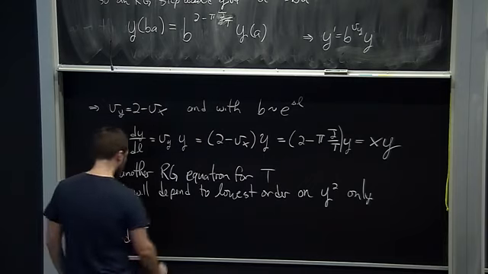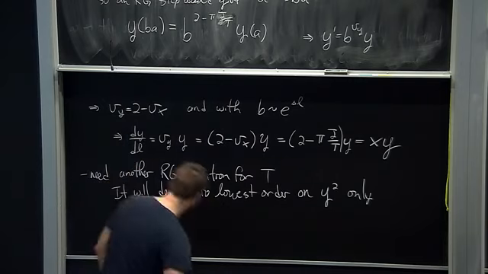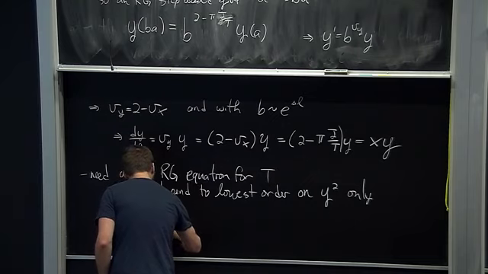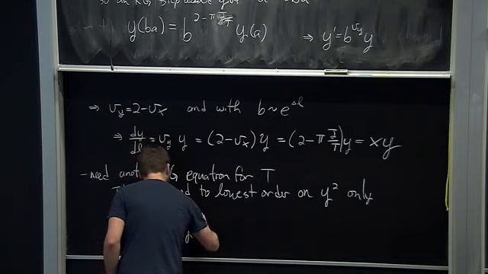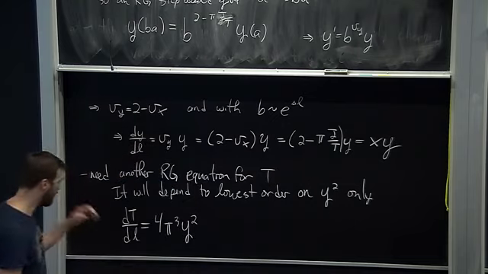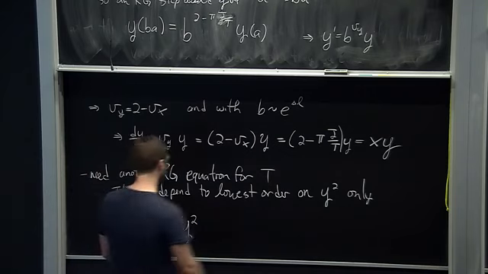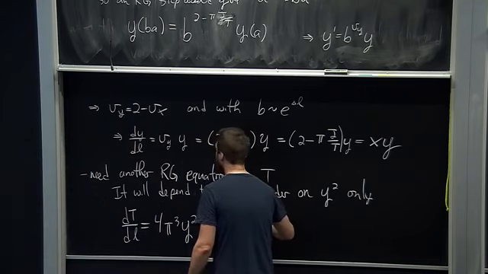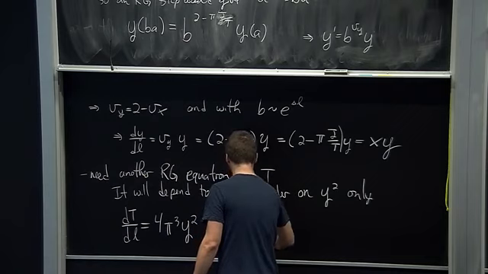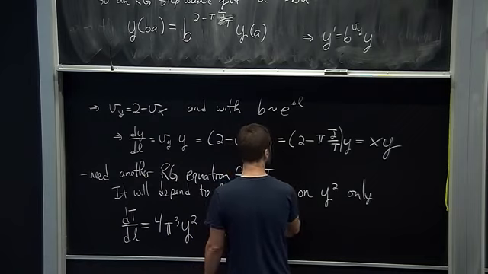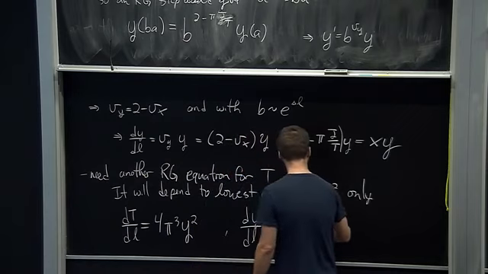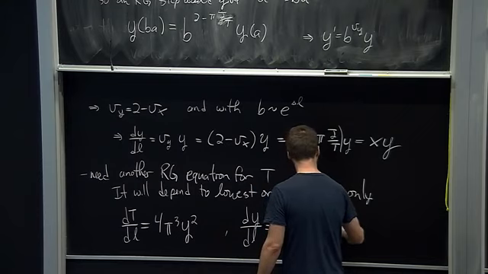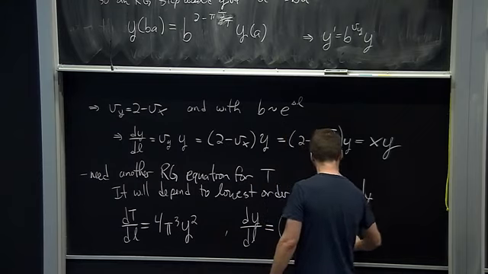So for convenience, 4 pi cubed y squared with higher order terms, and dy dl is what? 2 minus pi j over t y.